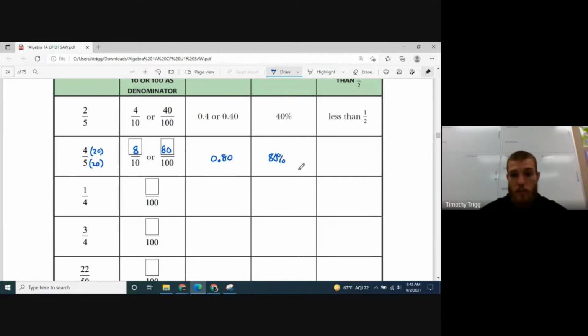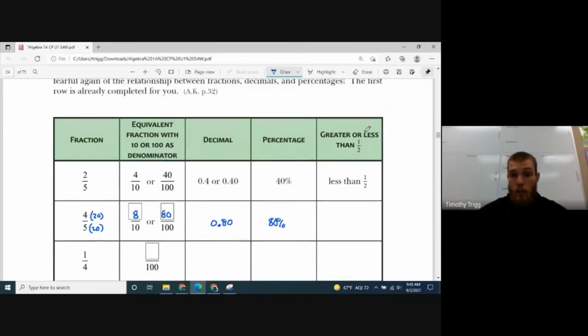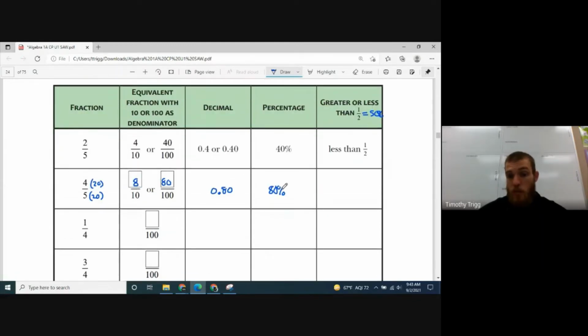And that's the percentage. Is that less than 1/2 or is that greater than 1/2? Well, 80%. If you know percentages, you know that 1/2 is the same as 50%. Okay, so 1/2 is the same as 50%. So 80% is certainly more than 50%.